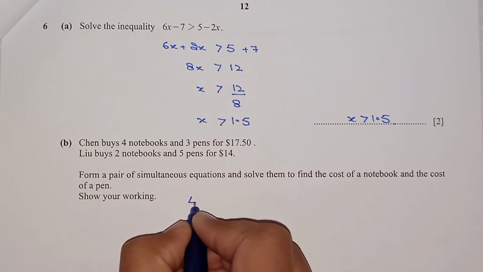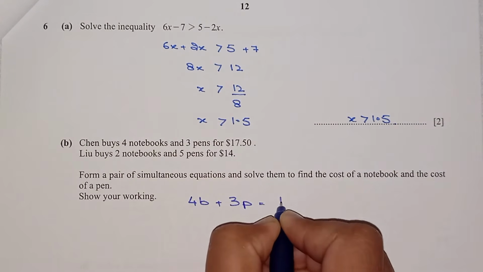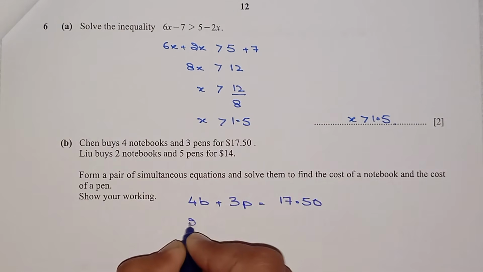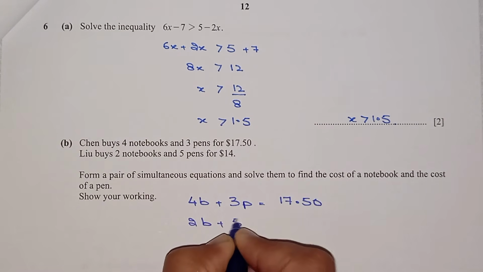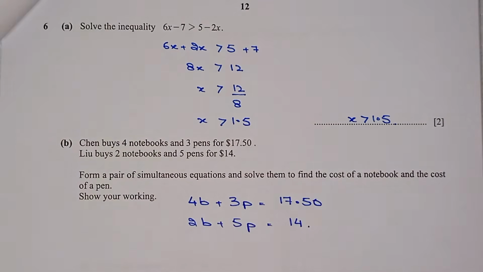So 4 books plus 3 pens would be 17.50, and for the second, 2 books plus 5 pens would be equal to 14. So these are the 2 equations. You can solve it by using a method of substitution or a method of elimination. I would like to use a method of elimination over here.